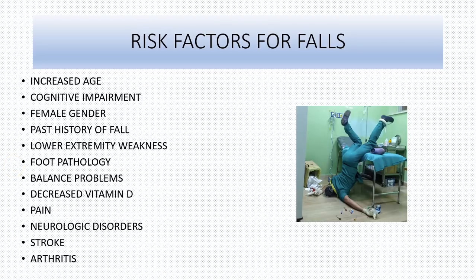There's no reason why we cannot perform a proper neurologic and biomechanical examination and look for evidence of lower extremity weakness. We can look for balance problems. If necessary, we can assess for vitamin D deficiency. We can help to relieve pain that may alter a patient's gait and alter them to such an extent that it may predispose them to falling.